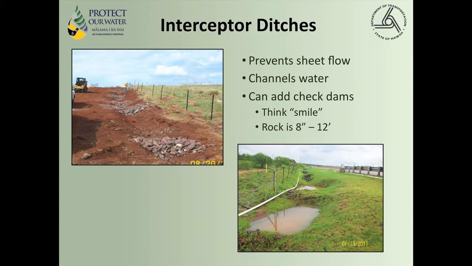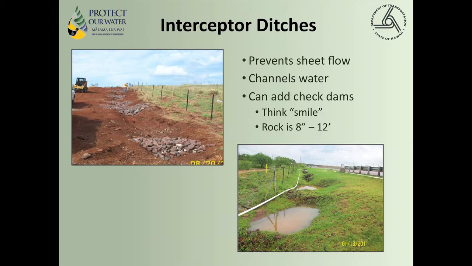I mentioned interceptor ditches. This is out on the first H1 addition modifications of Kapolei interchange project. They put interceptor ditches at the top of all the slopes, and they used rock. There is a mistake on this slide. Down here it says rock 8 to 12 feet. It should be 8 to 12 inches.